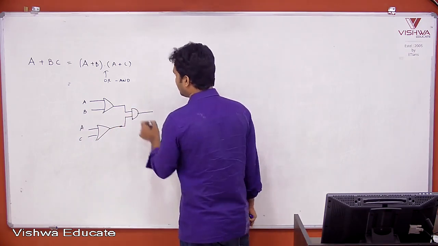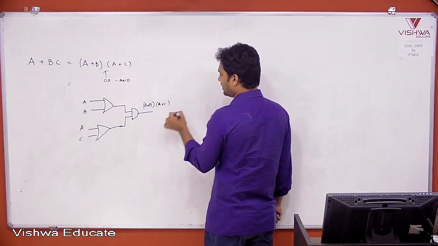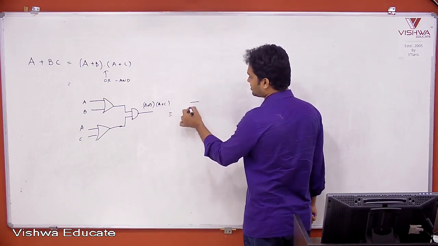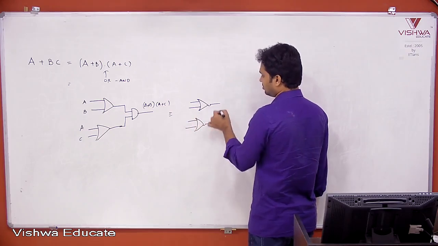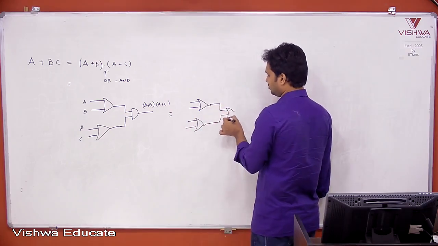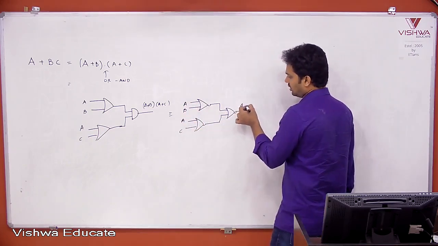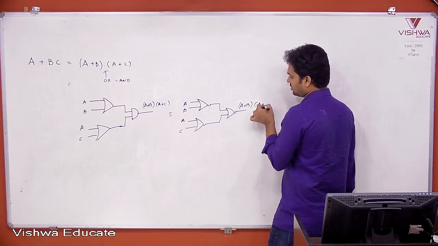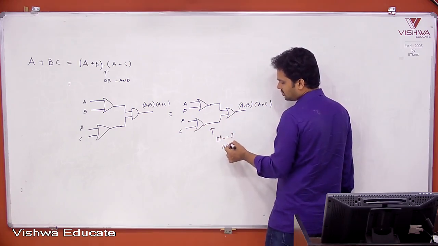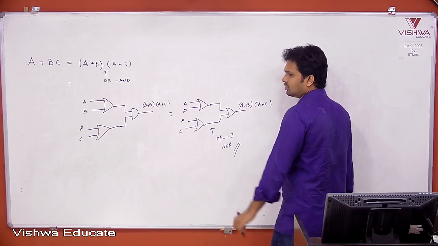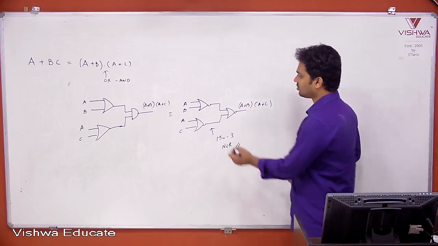Then you will get the required function. But you know, OR AND operation is the same as NOR operation. How many gates are required? Minimum 3 NOR gates are required. So you can understand the minimum number of gates required. Only 3 NOR gates are sufficient.